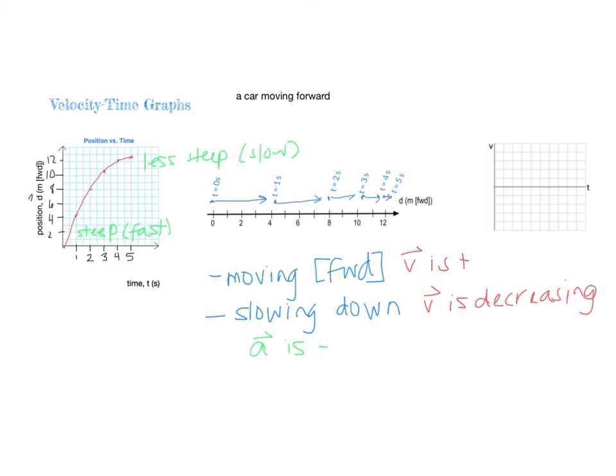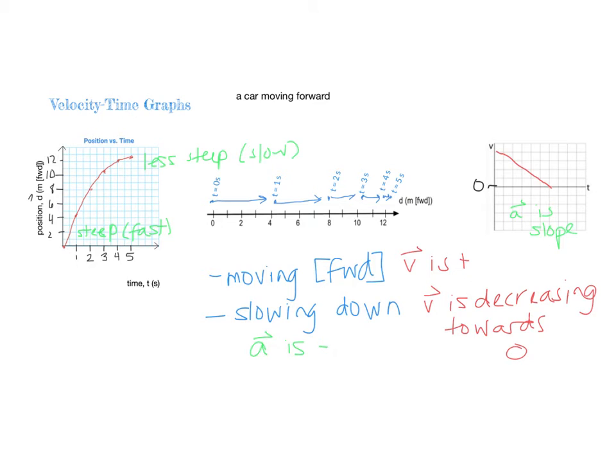So we're going to just sketch this. We're going to start with velocity positive and then going down towards zero. So we're going to start and show it going down, and acceleration would be the slope. We can actually see that this slope is negative.